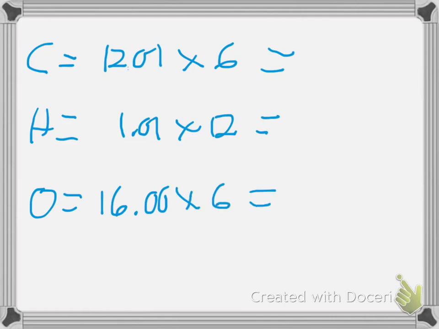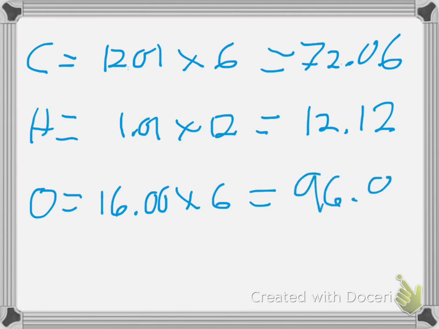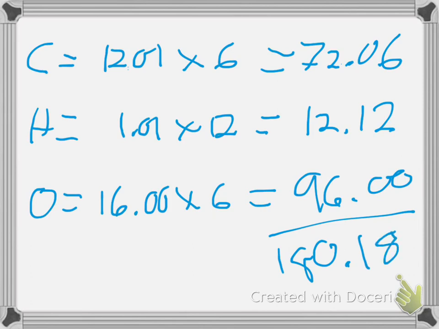We wind up with 72.06. Hydrogen comes out to 12.12. And oxygen comes out to 96. So then we're just going to add all of those numbers up, and we wind up with 180.18.